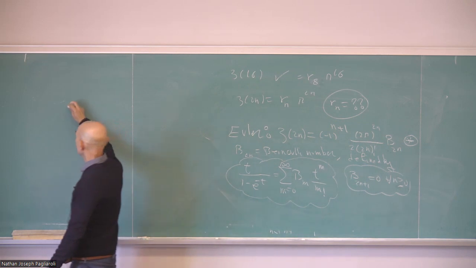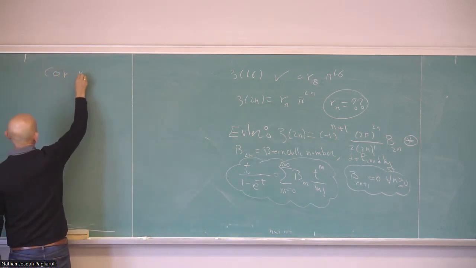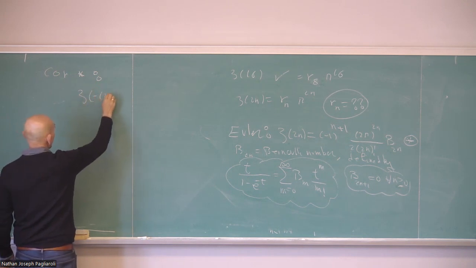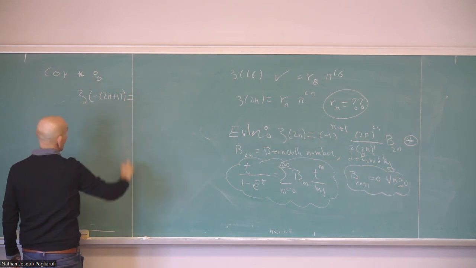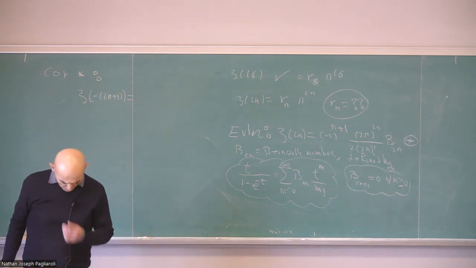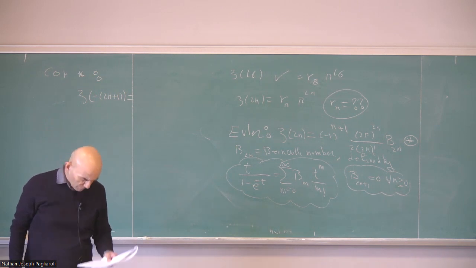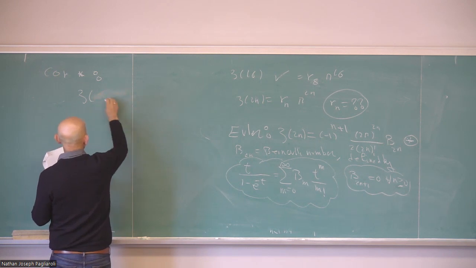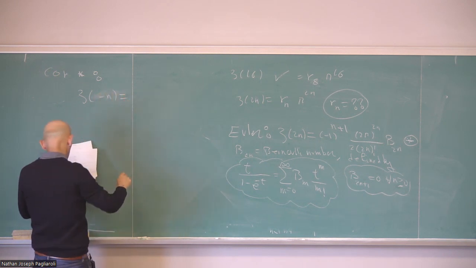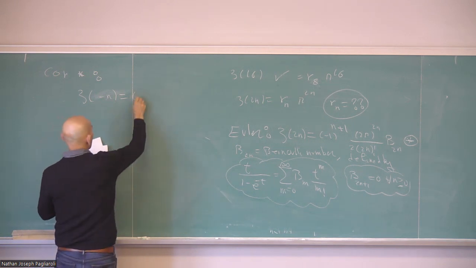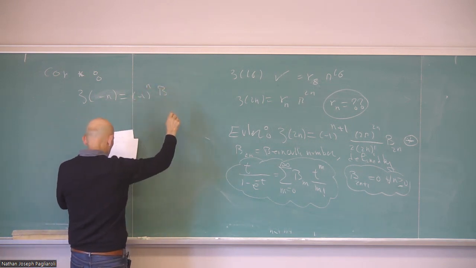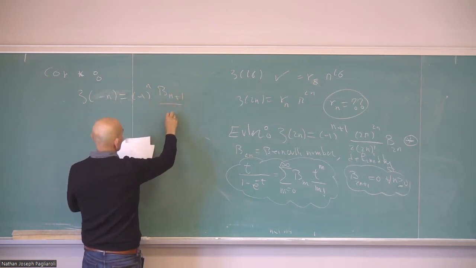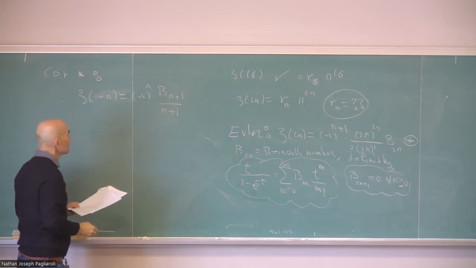A corollary of star is that zeta of minus n is equal to (-1)^n B_{n+1} over n+1.